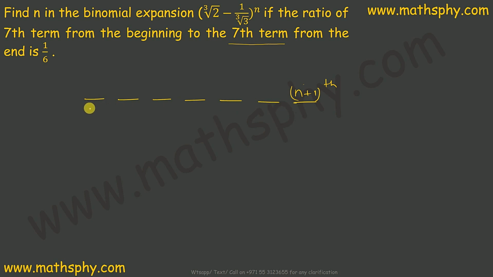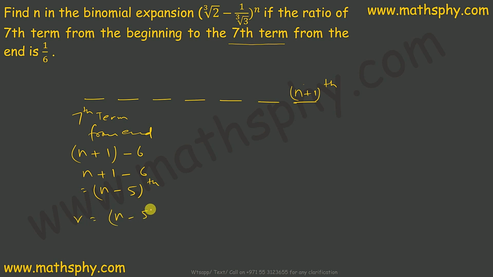This will be my 7th term from the end, which will be n plus 1 minus 6, which is the n minus 5th term. So r would be n minus 5 minus 1, which is n minus 6.